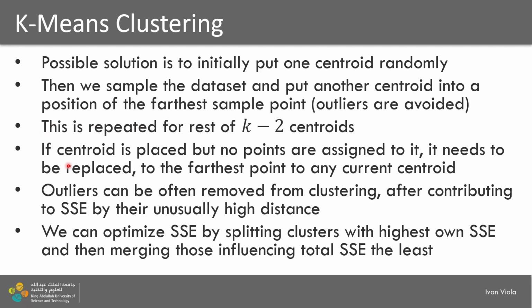If a centroid is placed in such a way that no points are assigned to it, although it is placed above a point, it would need to be replaced to the furthest point from any current centroid.